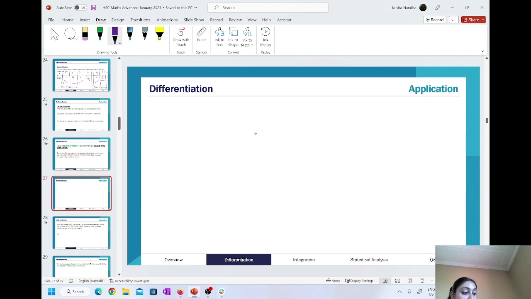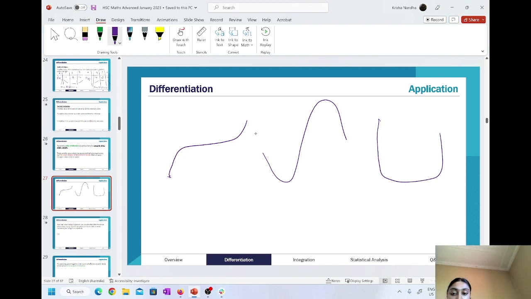So we have a concavity change. Looks like this. Okay, that's one. This is the other. And this is the other. Okay, so over here, we'll just write d squared y dx squared.